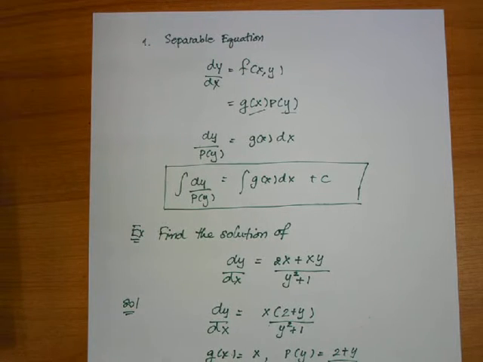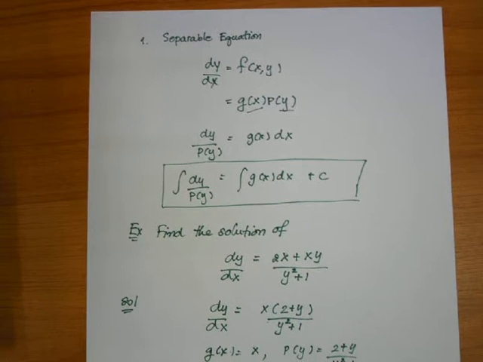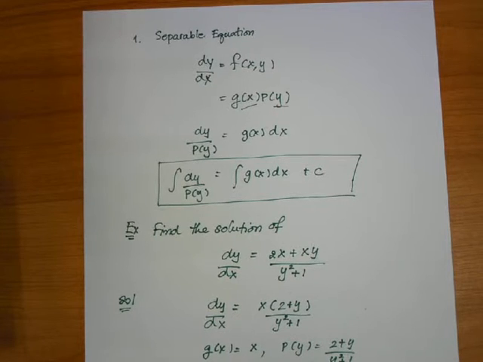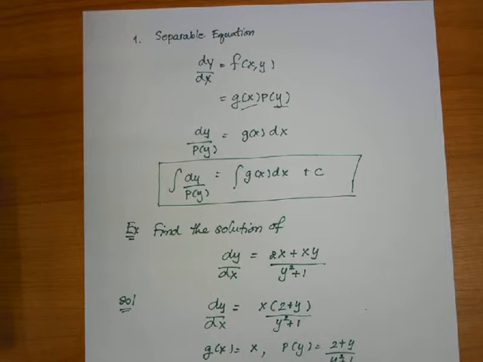Then what do we do next? Can we do the integral by putting x with dx and the function of y with dy? Okay, we do that, we would get (y squared plus 1) divided by (y plus 2) dy is equal to x dx.